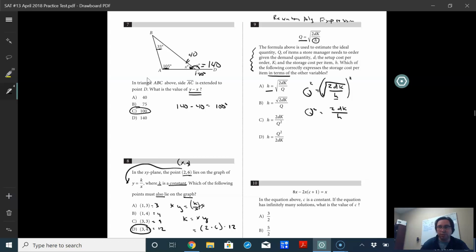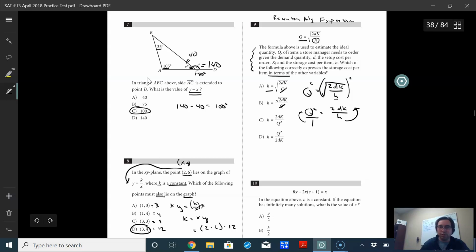And for that reason, since we have Q squared, we know A is not it, we know B is not it. The other thing is there's a couple different ways we can do this. We can say Q squared over 1 equals 2dk over H. You could either cross multiply and divide, or if you're a little bit more savvy, you know that to put the H on top, we could flip this and then flip this.